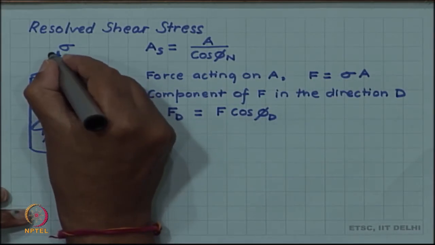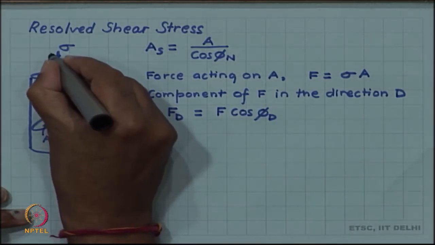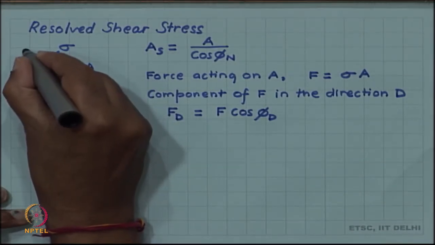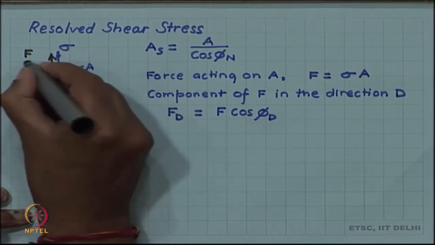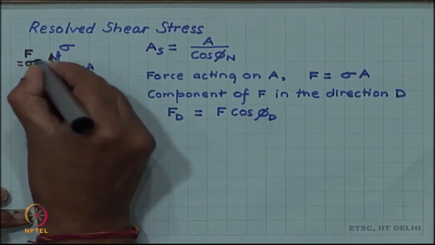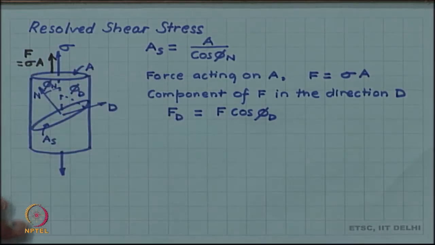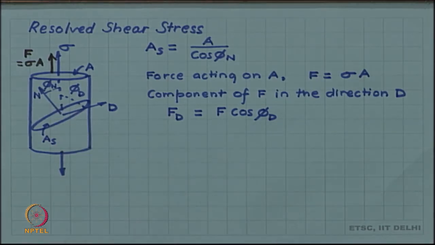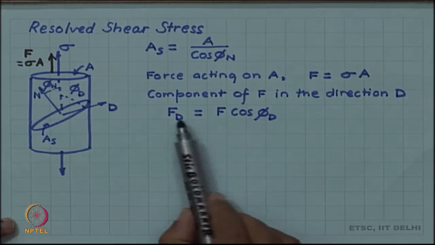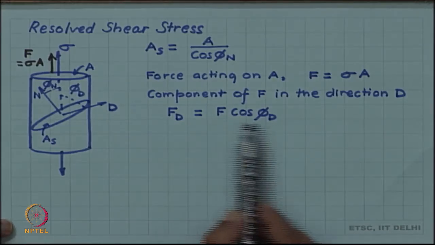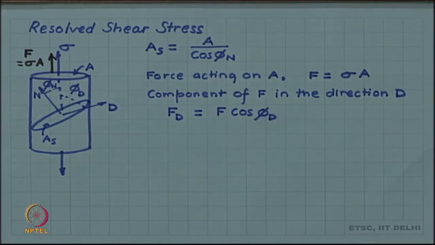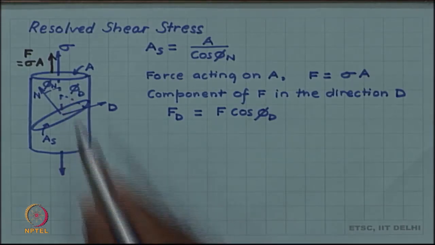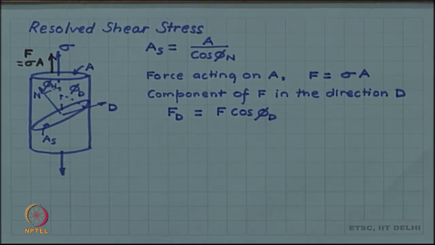So, this force F is equal to sigma A is acting in the same direction. It makes an angle phi d with the direction d, and we know that to take the component of any given force we multiply it by cosine of the angle between the direction and the force. So, F d is F cos phi d.